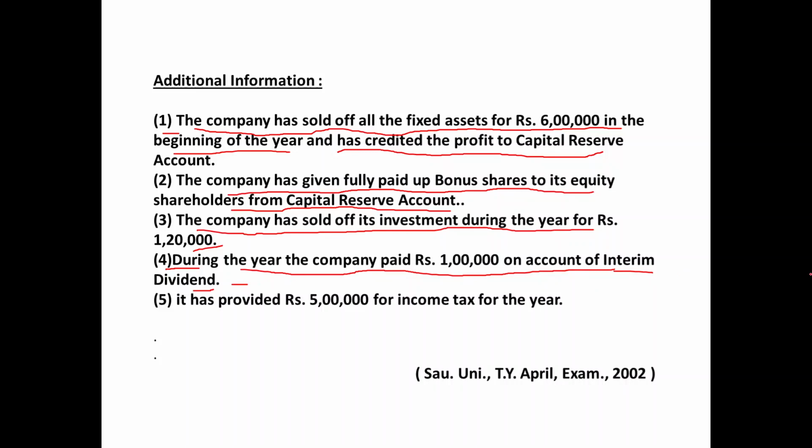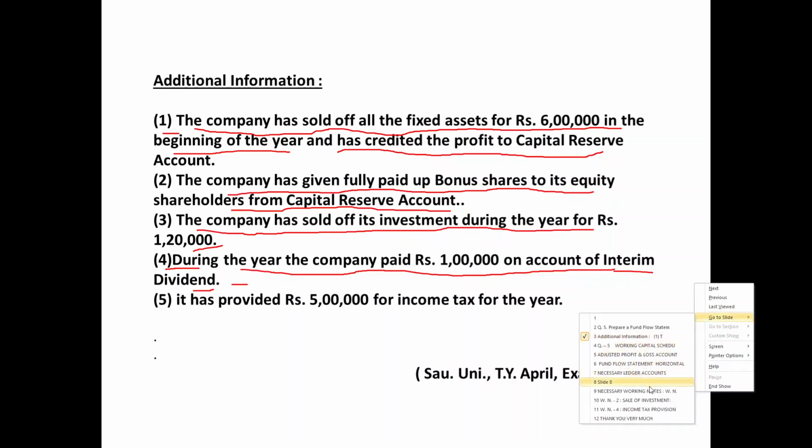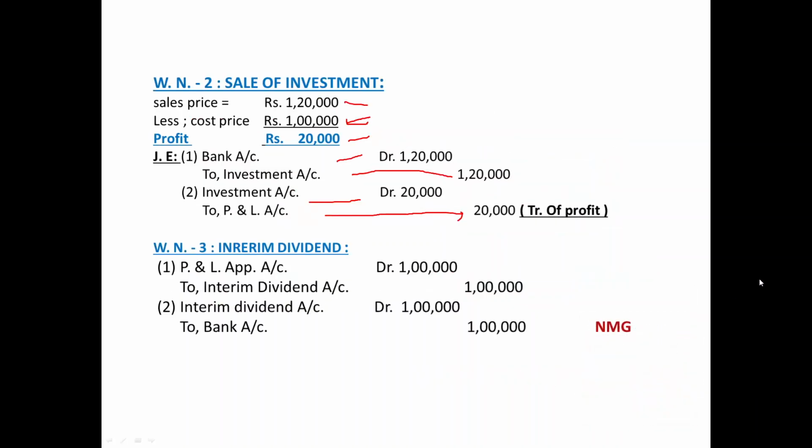In our previous question, final proposed dividend was given. Over here, interim dividend has been given. What is the meaning of interim dividend and what is the process? You know, power of interim dividend has been given to the board of directors. A complete power has been given.